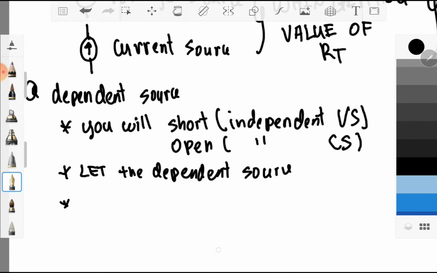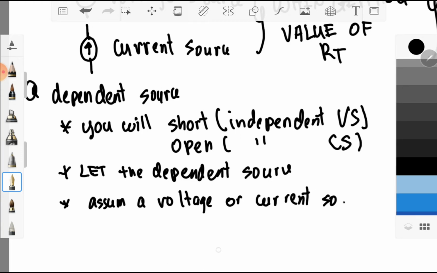And then connect in parallel or assume a voltage or current source in the terminal, in the RL terminal.